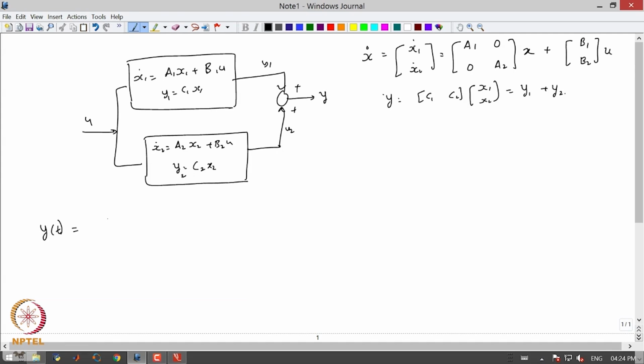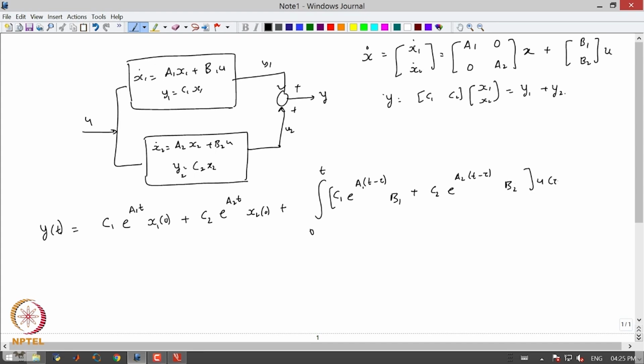Okay, so y of t, which is the overall output, is given as C1 e^(A1 t) x1 naught plus C2 e^(A2 t) x2 naught plus the terms in the integral from 0 to t of C1 e^(A1(t-tau)) B1 plus C2 e^(A2(t-tau)) B2 times u(tau) d tau. Again, I use the same definitions of the state transition matrix, the way I compute the solutions and so on. In a special case when A1 and A2 are both equal to A, and C1 and C2 are equal to C, note that I don't really say anything about the B because that's not really important here.